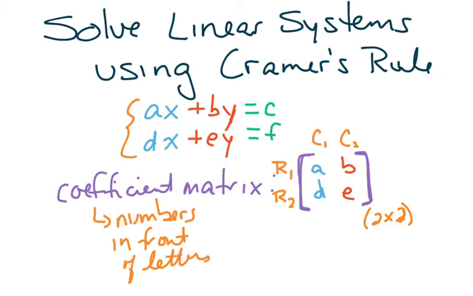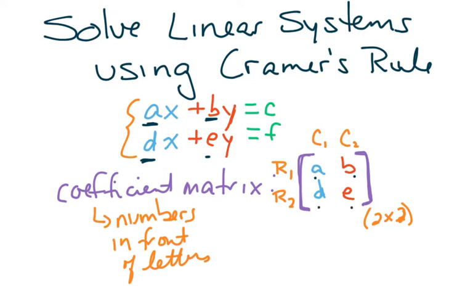And you'll notice that when we put it in a matrix, one equation is going to represent the top row, and the second equation will represent the second row. And we get to eliminate the x's and the y's. We're just putting the numbers in, not any of the variables. So in the first row, it's my x coefficient and then my y coefficient, so that's how I put A and then B. In the second row, it's my x coefficient first, and then my y coefficient in the corresponding spots.